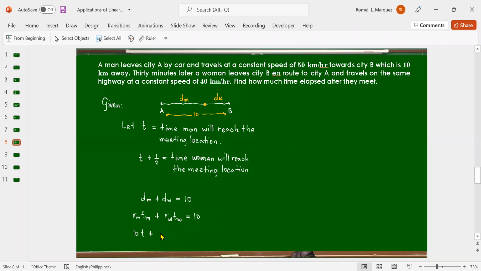T. The rate of the woman is 40, and her time is T plus 1/2, in hours. So that is equal to 10. So 50T plus 40T plus 20 is equal to 10. Okay, guys? Is that correct?